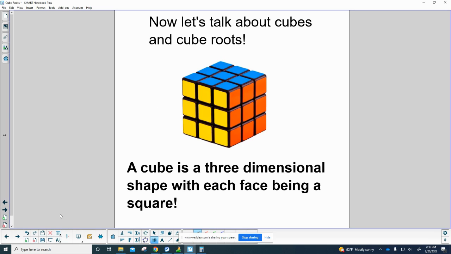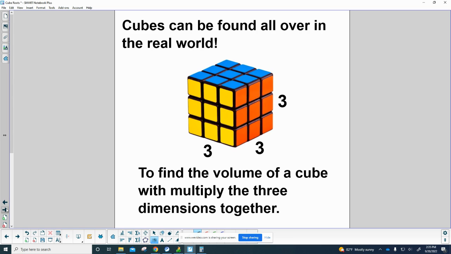Okay, now let's talk about cubes for a minute. If we take our square and then stretch it out in a third dimension, we end up with a cube. And so a cube has 6 squares on the outside edges. And in order to find what we call the volume of that cube, we just multiply by all 3 dimensions: length, width, and height.